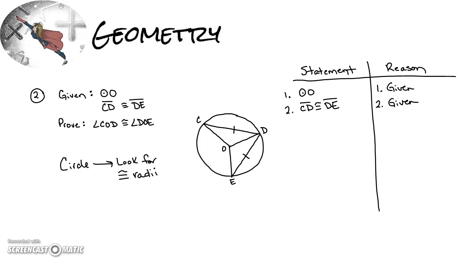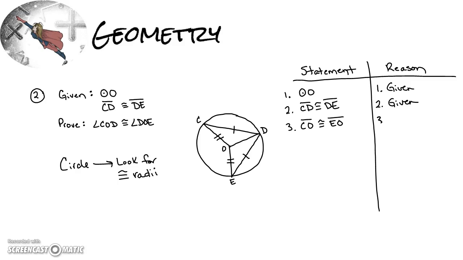So now we know we're trying to get triangles congruent because that's the most common thing that we do in our proofs. So I am noticing right away there's 2 radii right here and right there. Those are both radius of the circle. So I can say in step 3 that CO is congruent to EO.